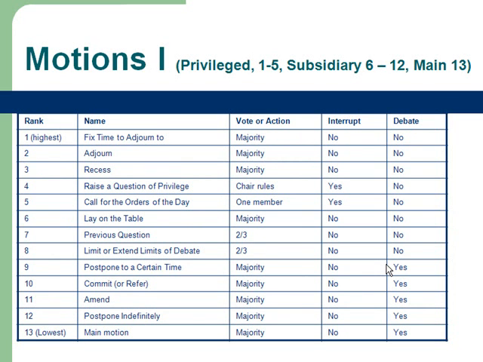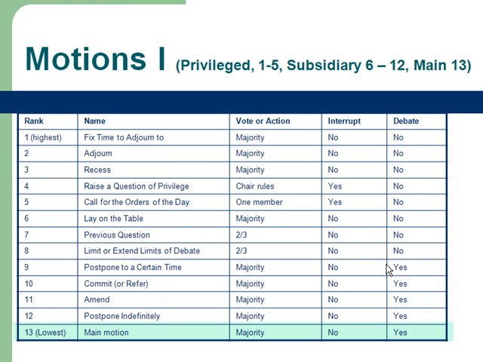When you're before a body and no business is currently before it, someone must put the question to the people about what we're doing here, what we want to accomplish, what's going to be the action of all these people together collectively. So that comes in the form of a main motion.